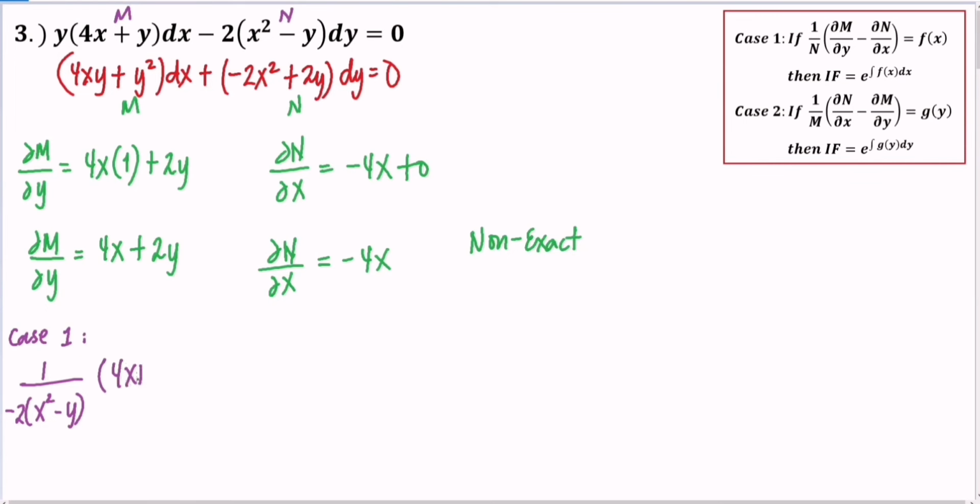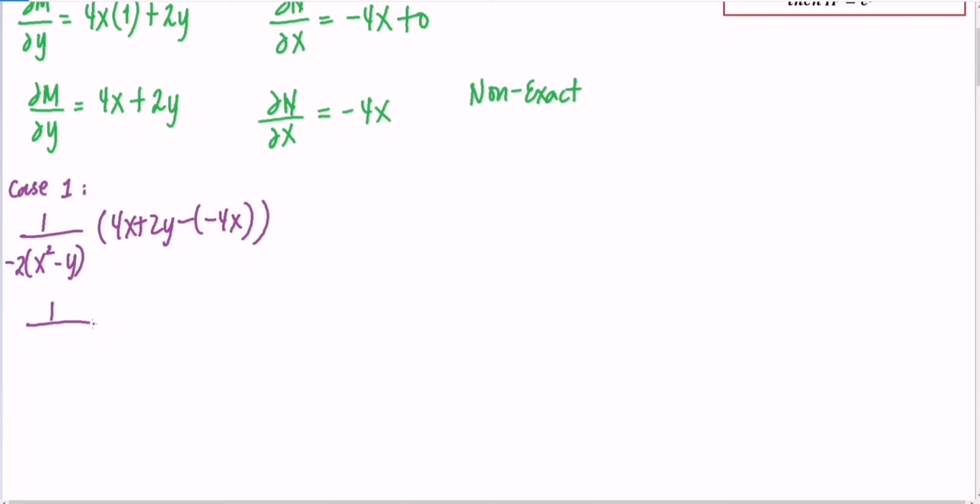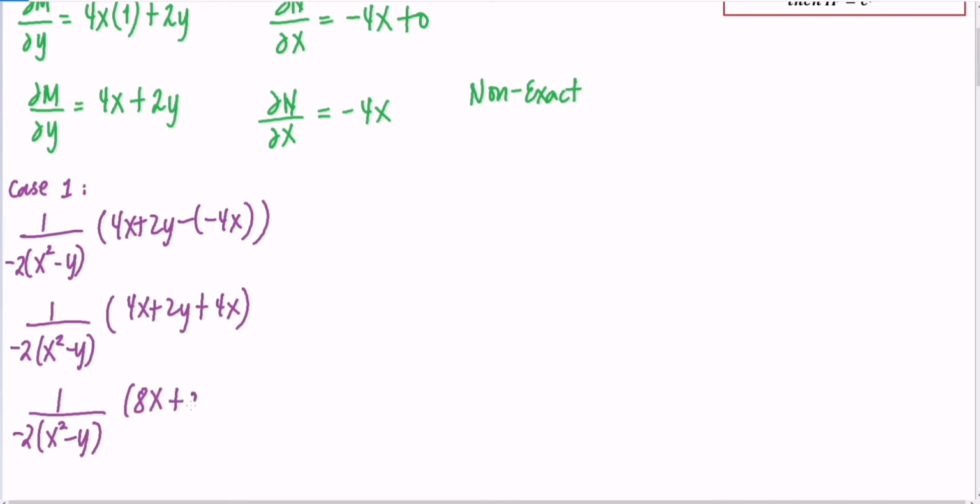So, 4x plus 2y minus negative 4x. So, I have here 1 over negative 2 times x squared minus y times 4x plus 2y plus 4x. 4x plus 4x is 8x plus 2y.